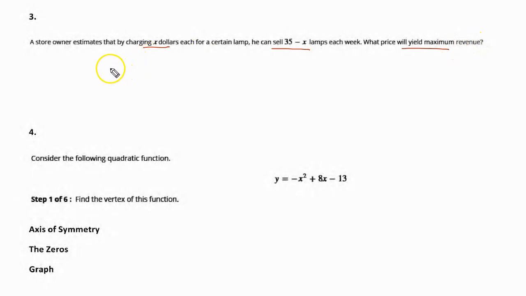So here it's pretty straightforward. x times 35 minus x, multiply through, 35x minus x squared. Put this in standard form, a negative x squared plus 35x. You want to find the maximum.